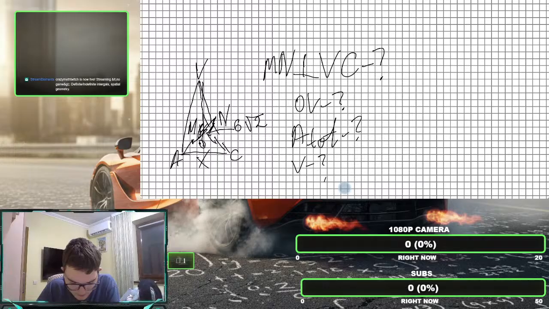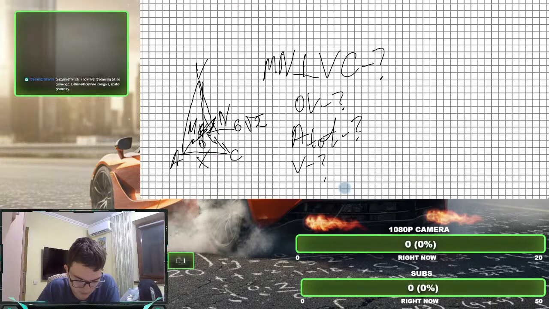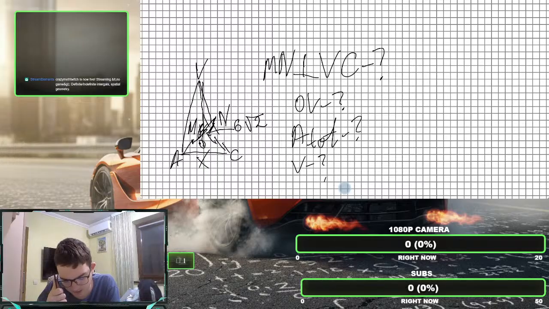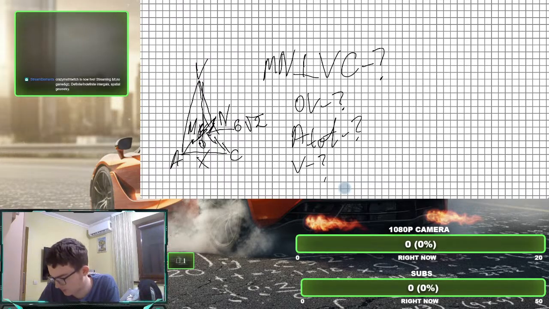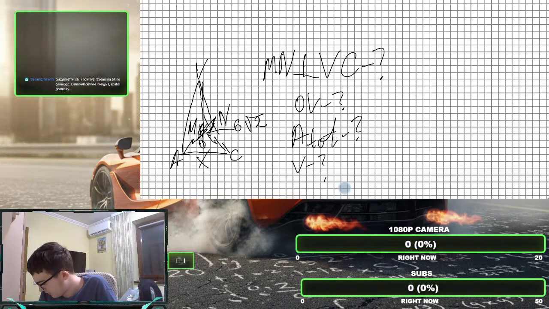this means that I can do something about it and find something else, but I'm not really sure what. So how can I find the height exactly? How can I find the height exactly? I really don't know what to do here.